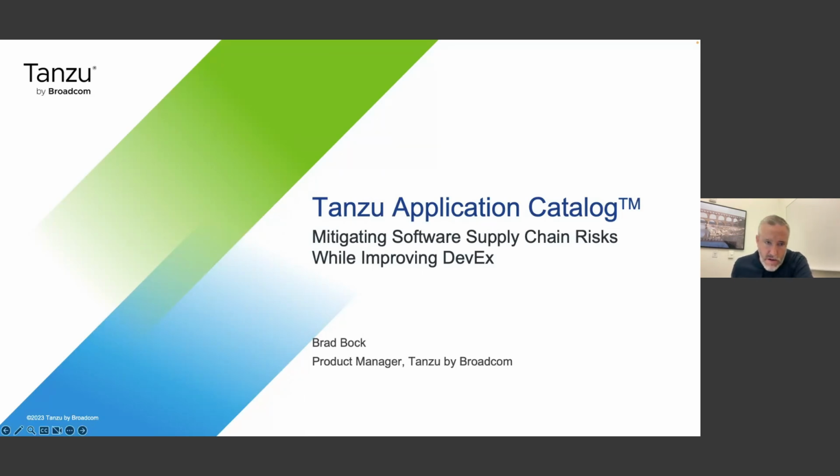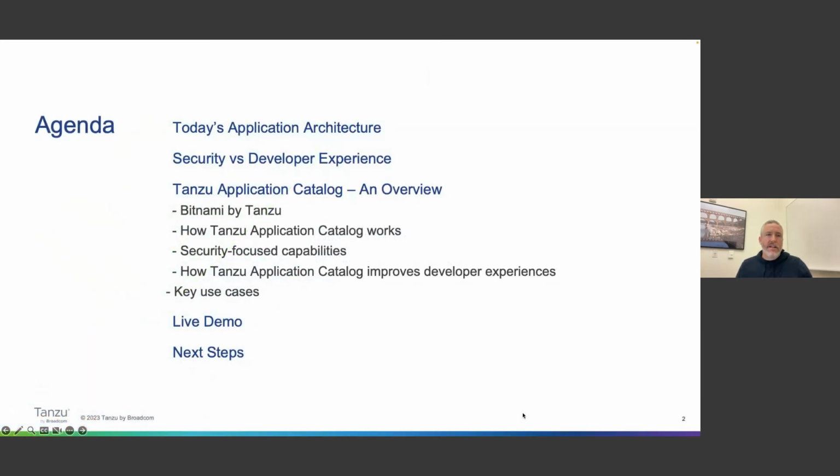So today we're talking about Tanzu application catalog. We're going to go over a few topics, kind of contextualize what this product is in today's modern apps architecture. Talk a little bit about security and developer experience and some of the trade-offs that do or don't happen between those two things.